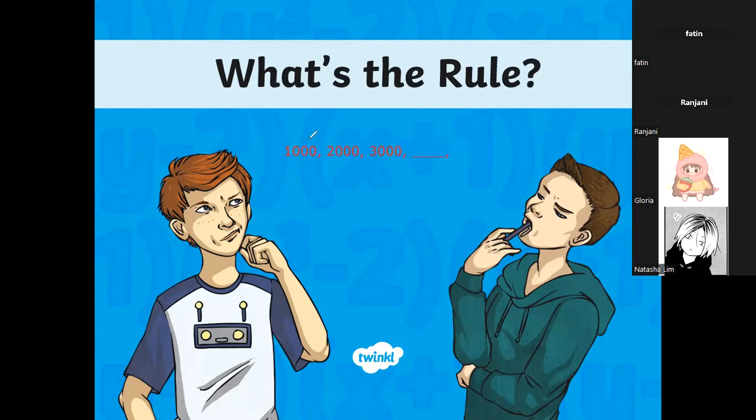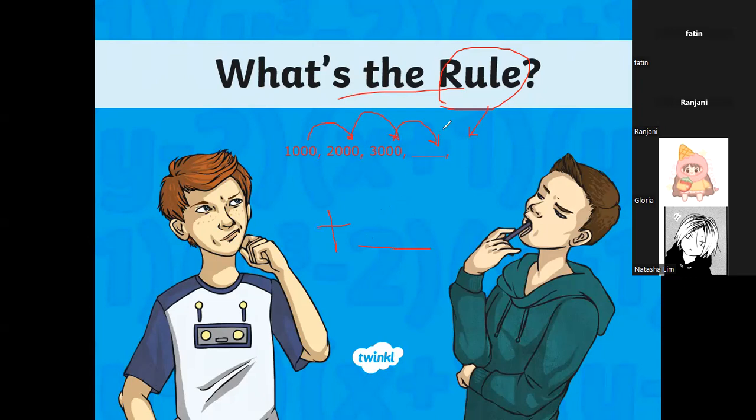But behind that 4,000, something is happening before you arrived at this answer. There was a rule. So what's the rule here for this simple number sentence, the sequence? Can you all put it in the chat? Yes, so it is an addition, but how much?